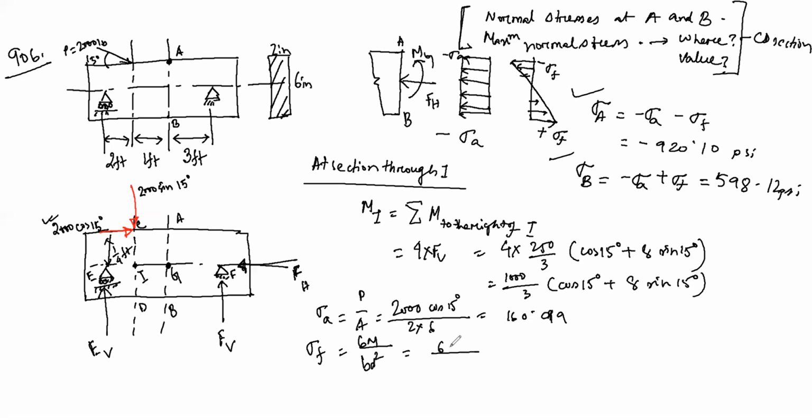So 6 into, here M has changed, so 1000 by 3 is 2. So this gives you 1012.16 psi.